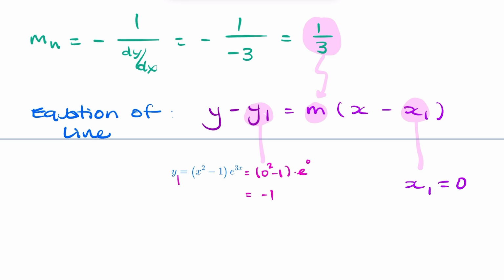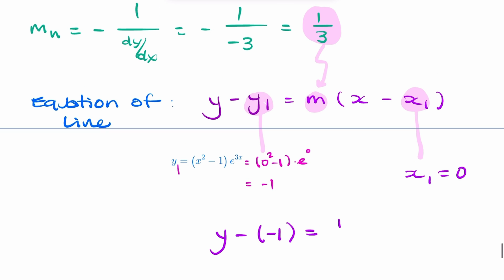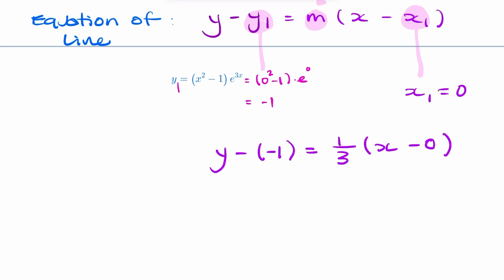we can write the equation for the line as y minus minus 1 equals 1 over 3 times x minus 0. Now, whenever you have a fraction with a denominator in your equation for a line, it's convenient to get rid of that by multiplying both sides of the equation by that denominator.